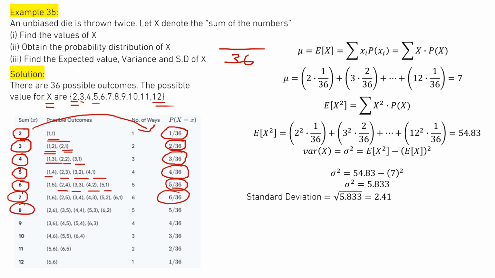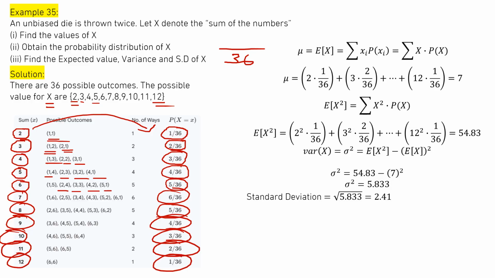For obtaining the sum 8, 5 by 36. For 9, 4 by 36. For 10, 3 by 36. For 11, 2 by 36. Finally for 12, 1 by 36. Okay. So in the first case we found the values of x equal to 2, 3, 4, 5 up to 12. The probability distribution we can also make.